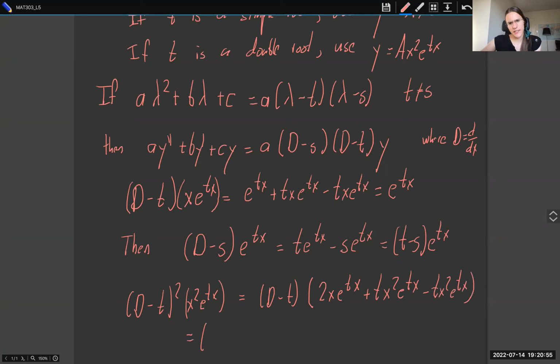So that's D minus t times 2x e^(tx), and we've already done the previous example. That's just going to be 2 e^(tx). So in both cases, if we apply our differential operator to something of the form x e^(tx) or x squared e^(tx), then we get some non-zero multiple of the thing that we want, and then we just adjust the coefficient so that it works.